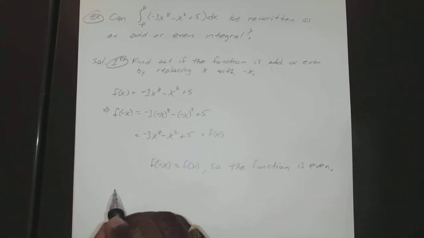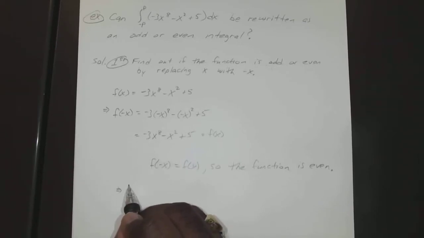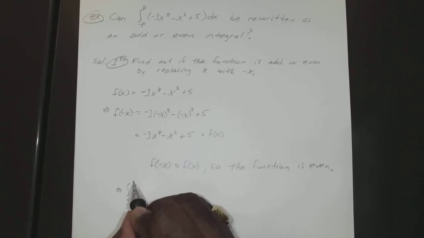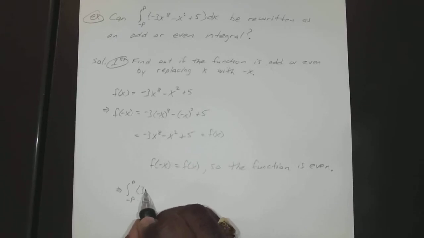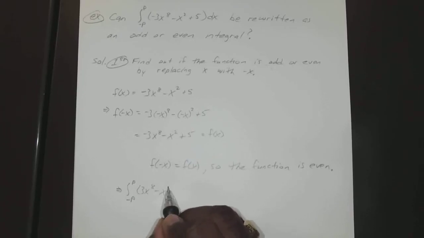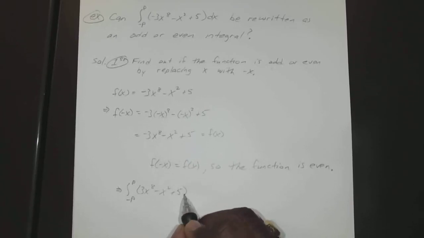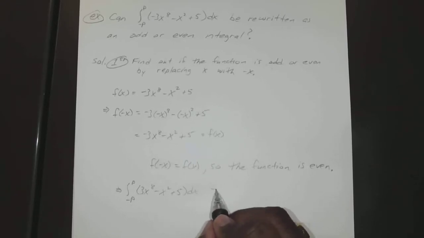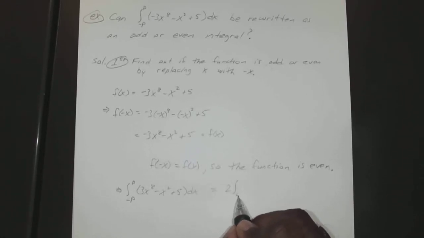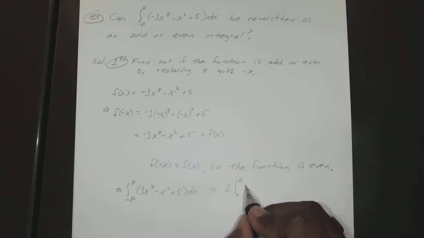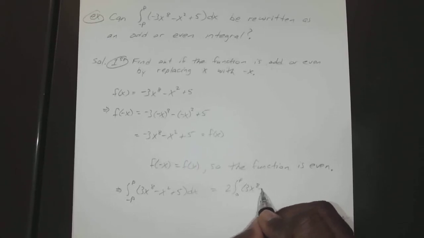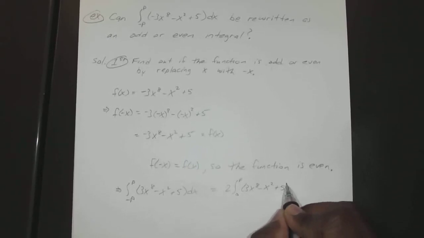Okay, so since it's even, that means that the integral from negative p to p of negative 3x to the 8th minus x squared plus 5 is going to equal 2 times the integral from 0 to p of negative 3x to the 8th minus x squared plus 5.